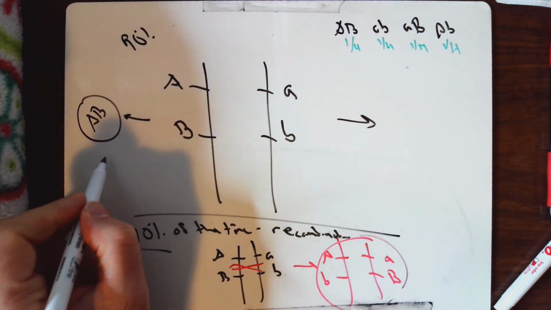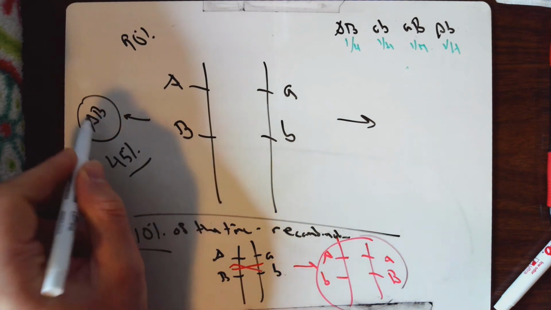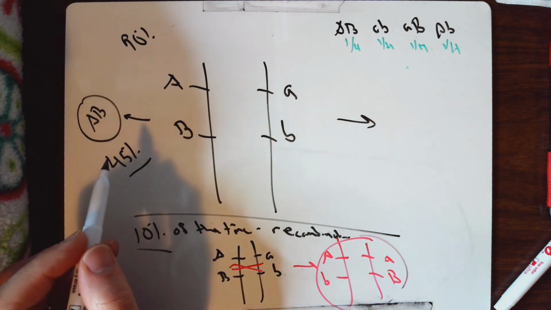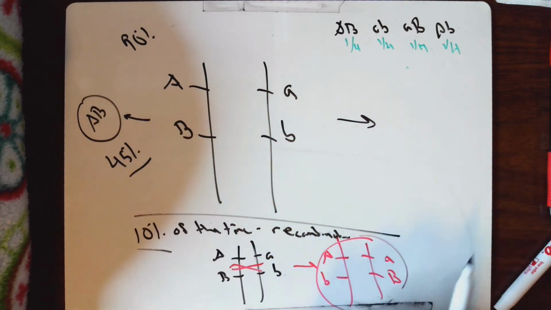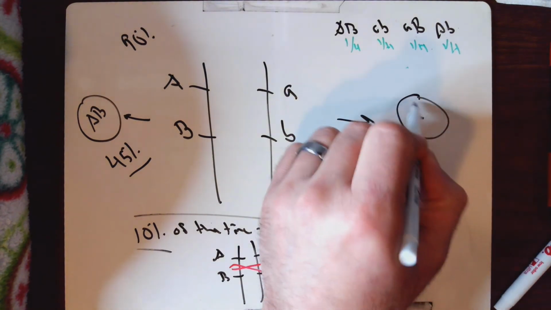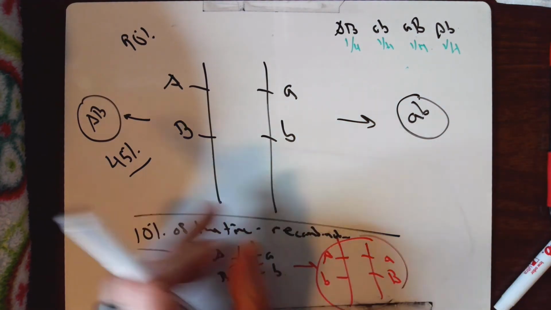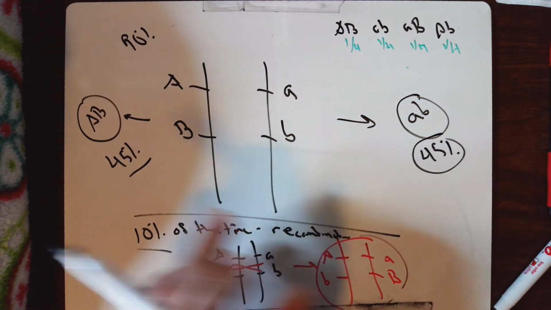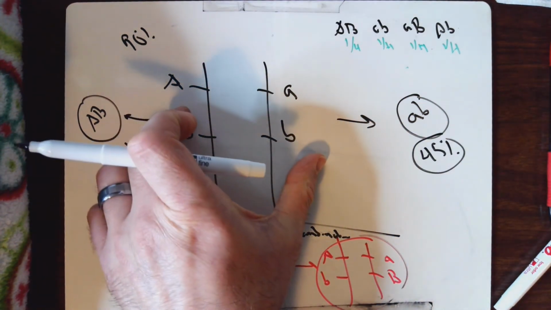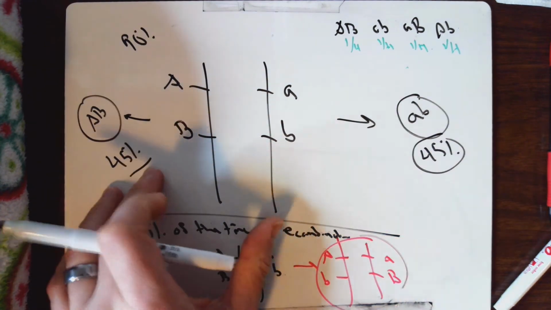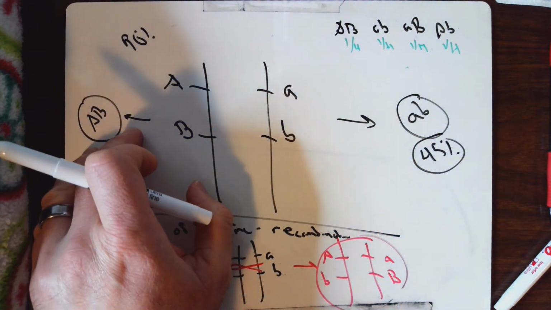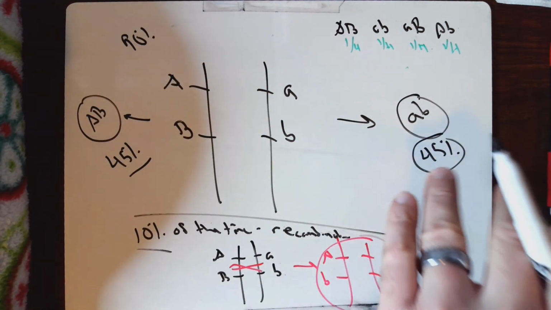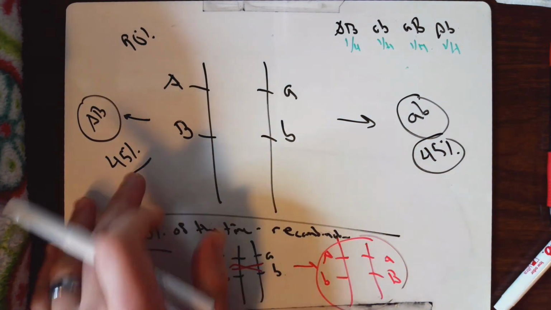And that's right. 45% of our gametes are going to have dominant A with dominant B. And what percentage of our gametes are going to have recessive a with recessive b? The other half. So 90% of the time we keep our chromosomes unchanged, which means 45% of the time we get gametes with big A and big B, and 45% of the time we get gametes with little a and little b. 45 and 45.